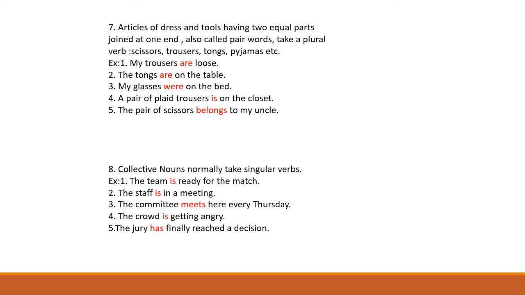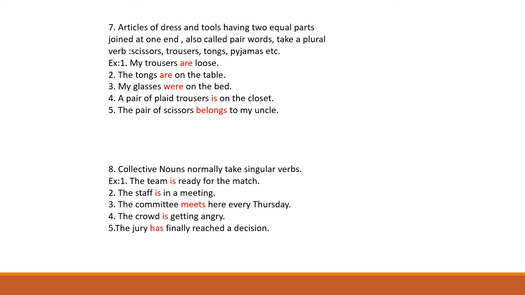There are two parts of these things, isn't it? Scissors have two parts. Trousers, pants, tongs, all these have two parts, joined at one end. They are called pair words.